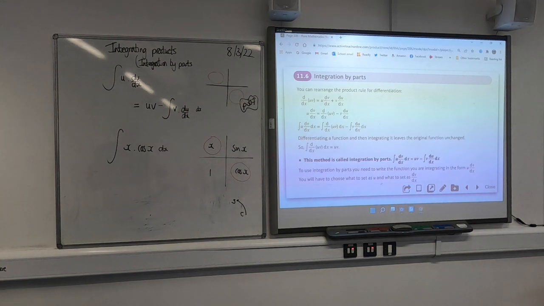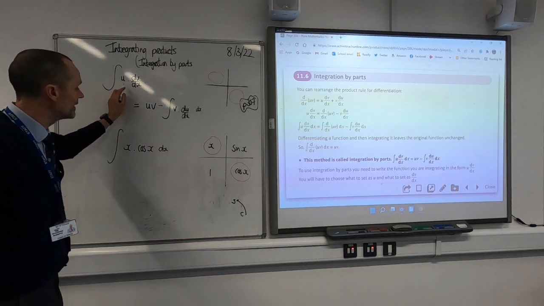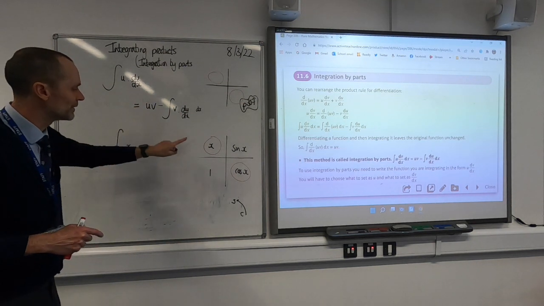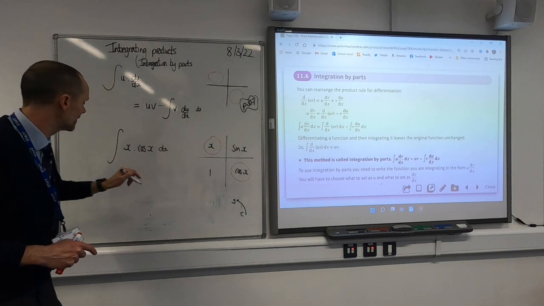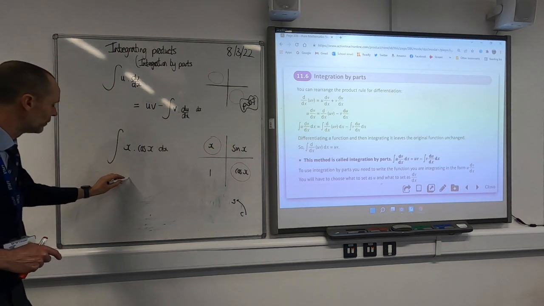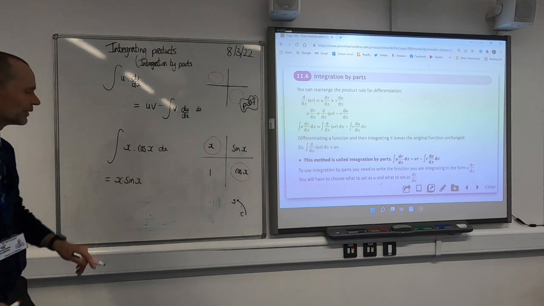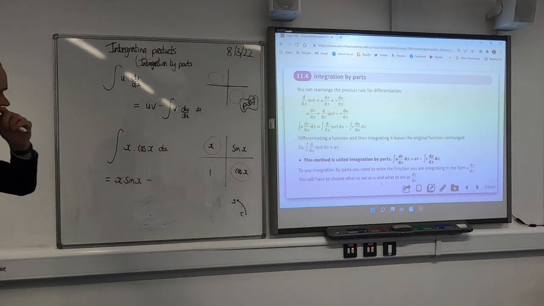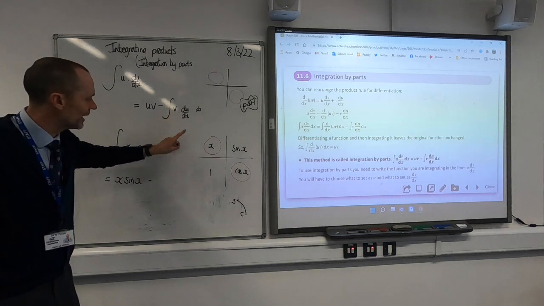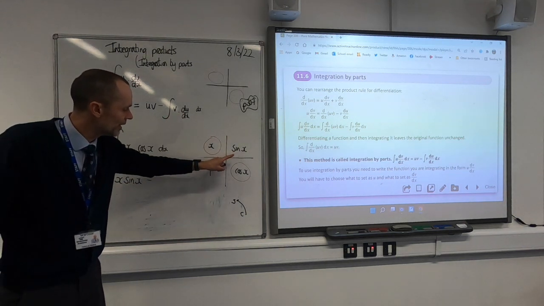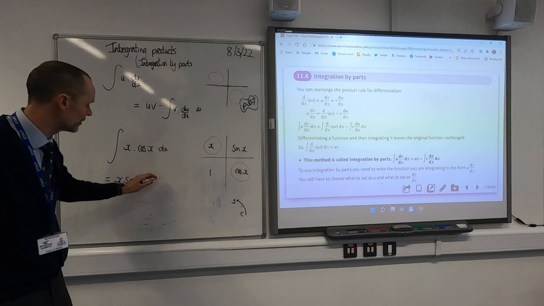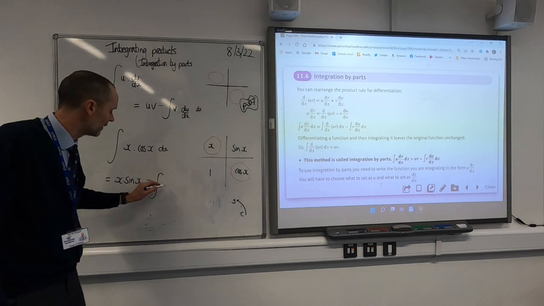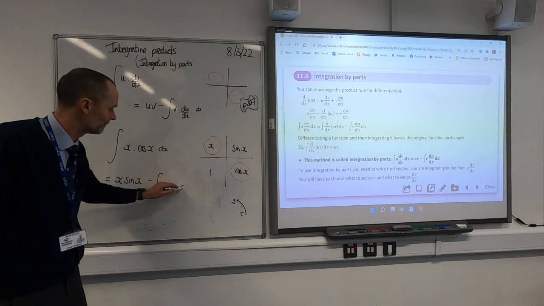So I'm just going to use the rule. The rule says that the answer to this is u times v, so that's those two multiplied together, and whichever order makes sense to write them, seems to look nice to write it like that. Take away that times that, so that's v times du by dx. Well, that's nice and easy because that's sine x times 1, so that's sine x.